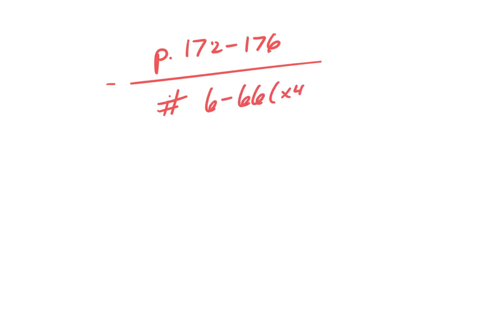Okay, we're going 6 to 66 by 4. So we're starting on number 6. Every fourth one. So 10 would be the next one, and then 14, and so on. Pay attention to your instructions.